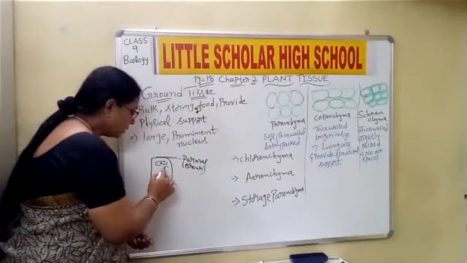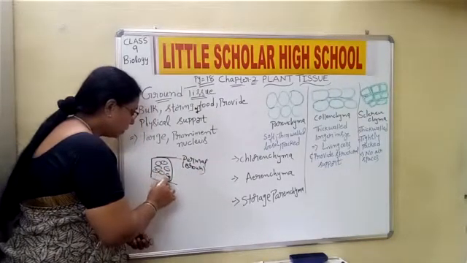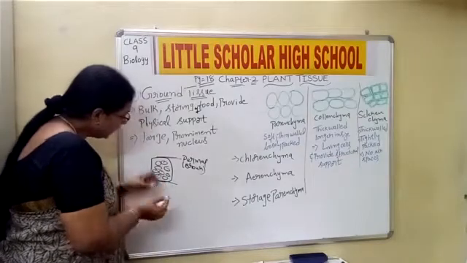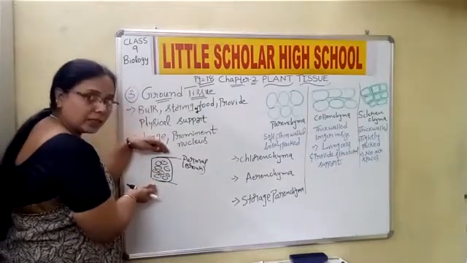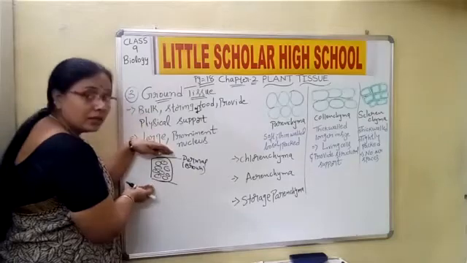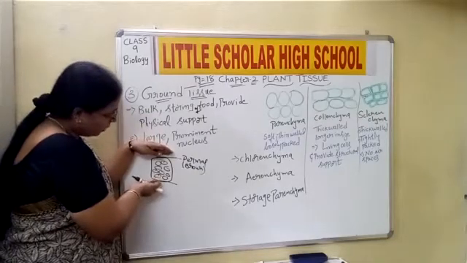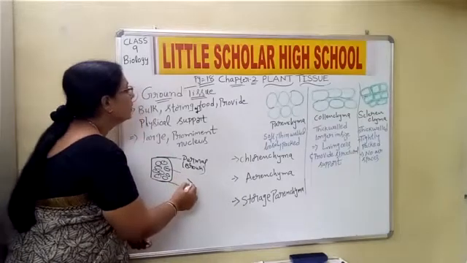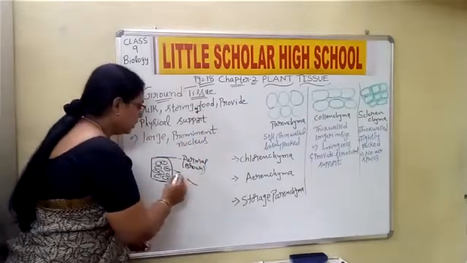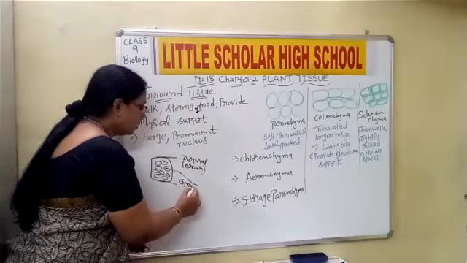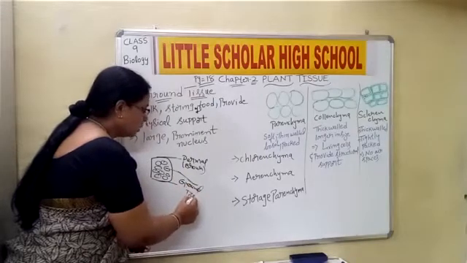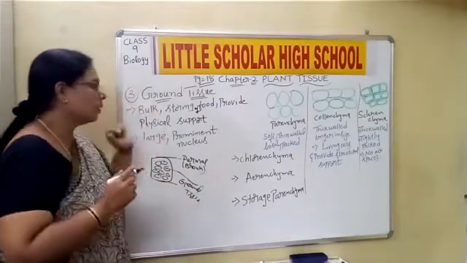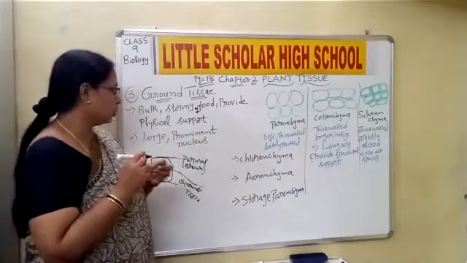But the white part of the bread is taking the bulk part. In between the upper and the lower epidermis, it is forming the bulk portion. This we can refer to as the ground tissue. Understood now? So what is ground tissue? It forms the bulk and it helps in the storage.